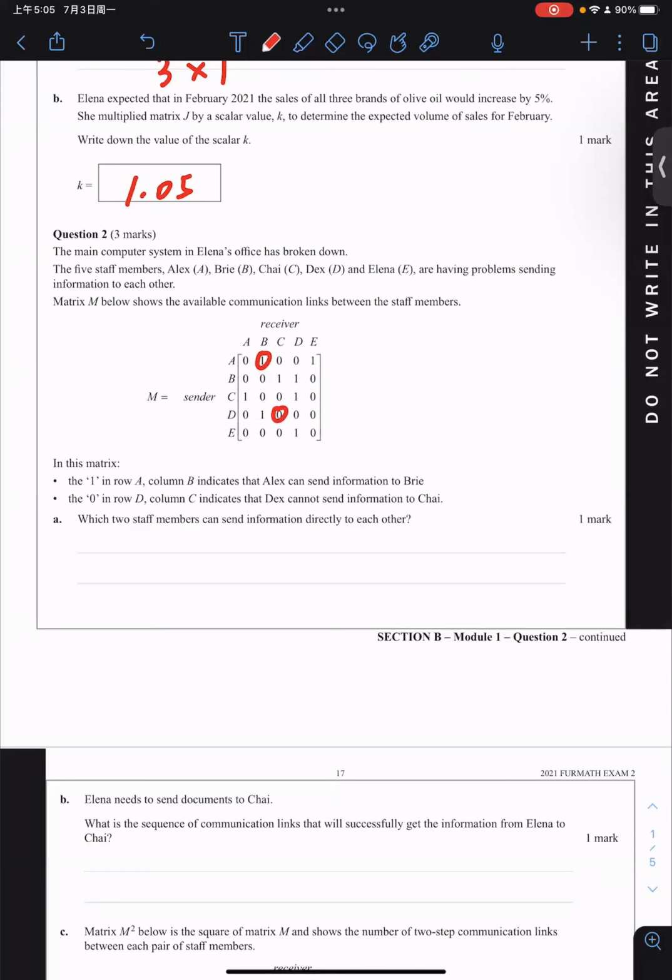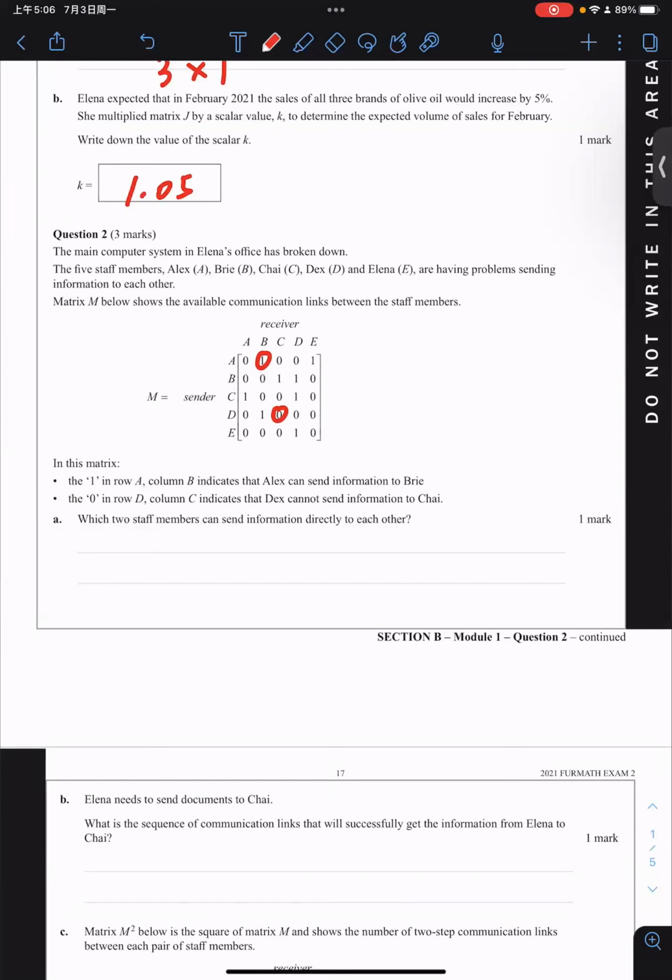Which 2 staff members can send information directly to each other? We need to find the pair of letters where from one to the other the number is 1, and from the other back is also 1. Obviously, A to B, but B to A is 0. A to E, but E to A is 0.